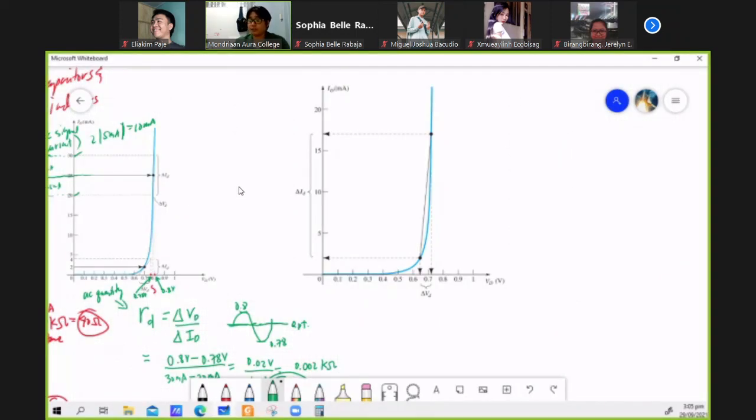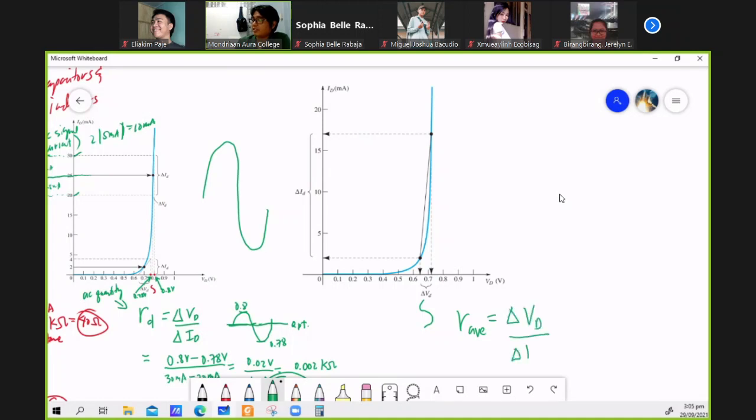Kapag sobrang laki ng voltage or current swing, kagaya nito, meron siyang malaking swing pagdating sa delta VD. It's also the same. So R sub av, or the average AC resistance, is just equal to delta VD divided by delta ID, which is the same. Pareho lang naman. Kaya nga, they are both called AC resistances.